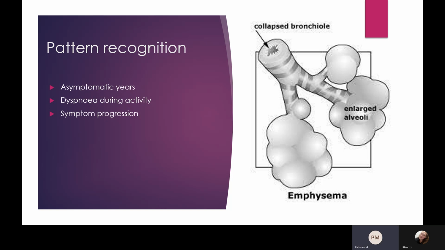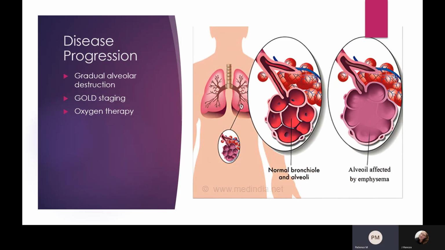Disease progression. The gradual destruction of the alveolar septi and of the capillary bed in emphysema leads to a decreased ability to oxygenate the blood. The body compensates with lowered cardiac output as well as hyperventilation.